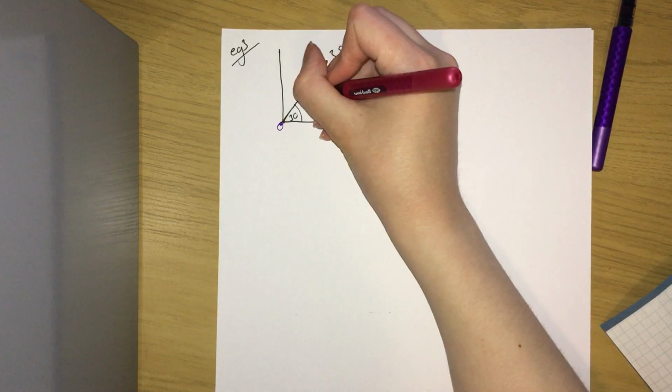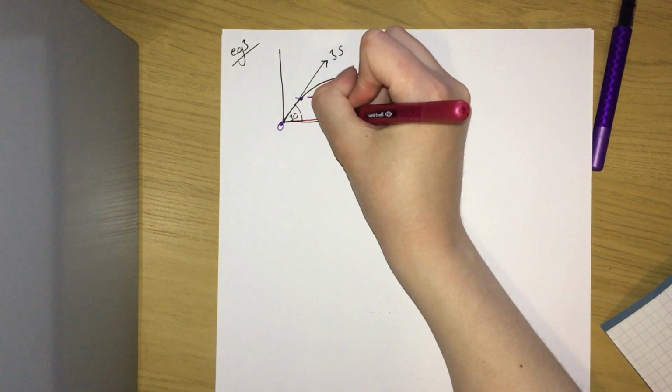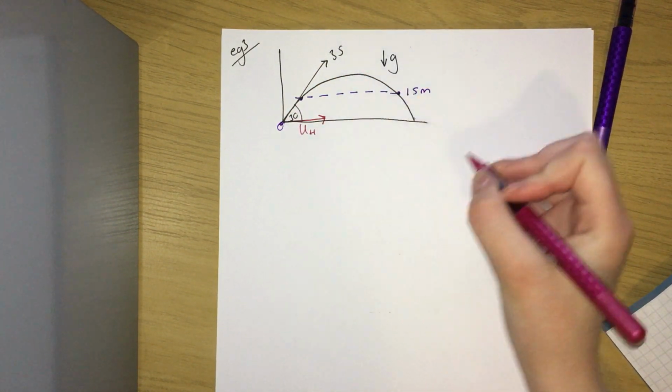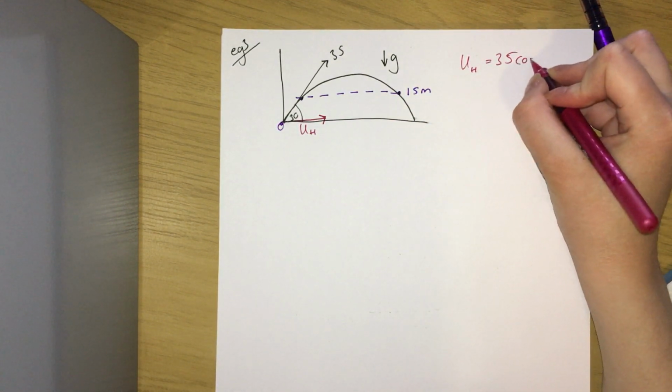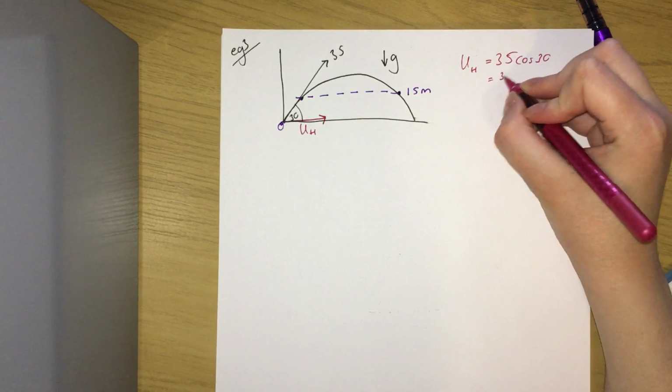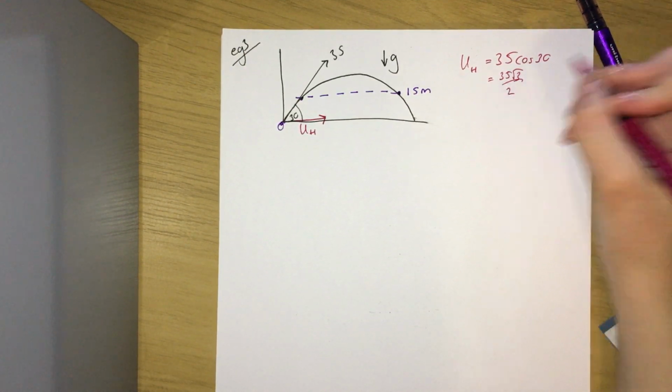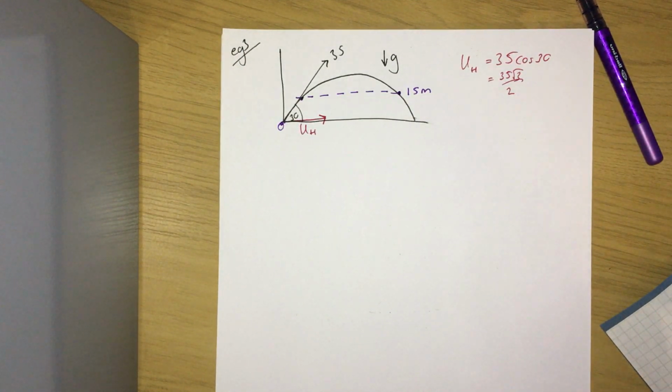As ever with all these questions, I need to resolve the initial velocity horizontally, which is 35 cos 30, which is 35 root 3 over 2.